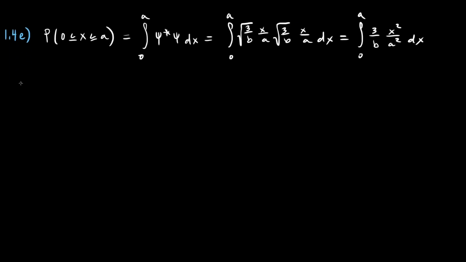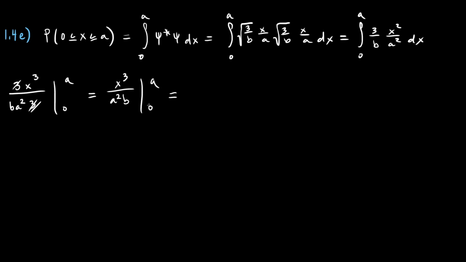And then we just integrate this like normal, and what we get is 3x cubed over b a squared times 3 from 0 to a. Since these threes cancel, this is the same thing as x cubed over a squared b. Then we don't have to worry about 0 because this function will just go to 0, so we just have to worry about a. And when we plug in a, we just get a over b.